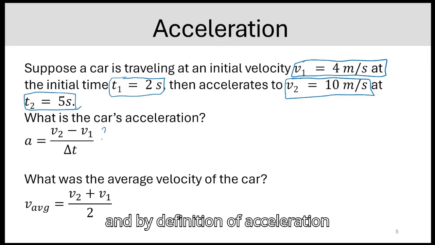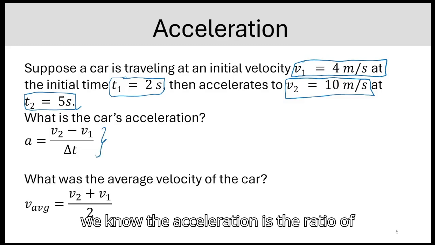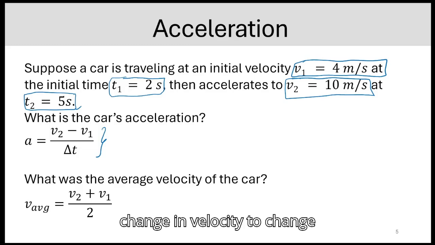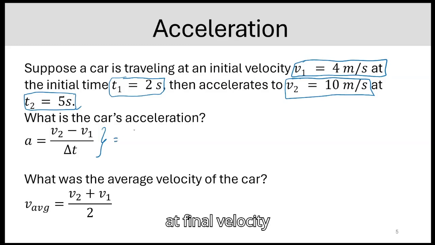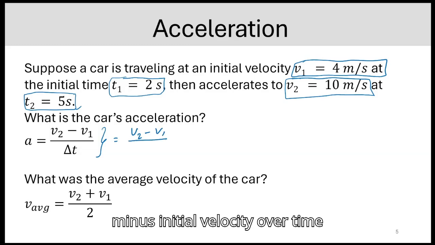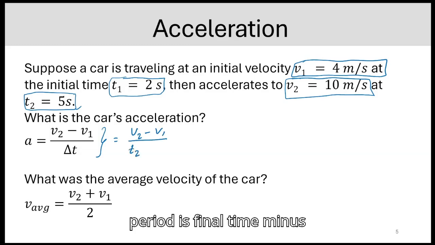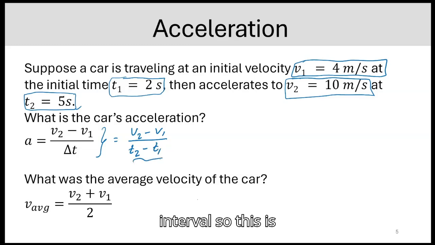By the definition of acceleration, we know the acceleration is the ratio of change in velocity to change in time. We can write this as final velocity minus initial velocity over the time period, which is final time minus initial time, which is the time interval.